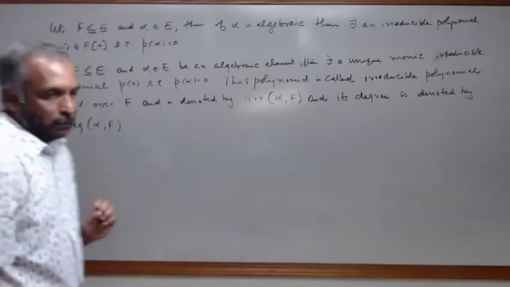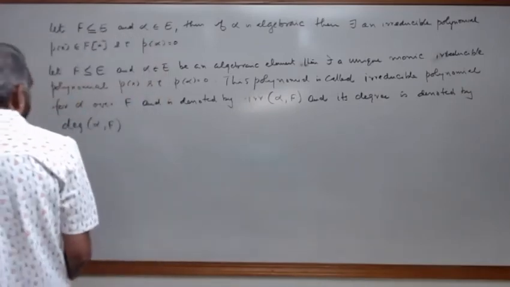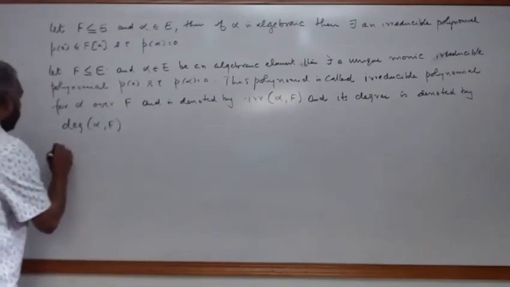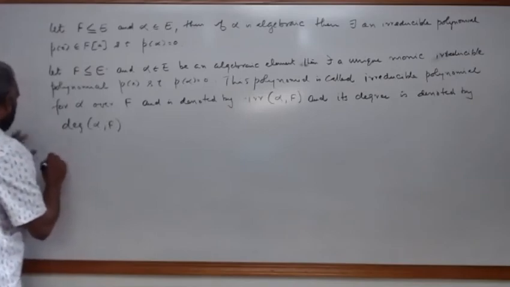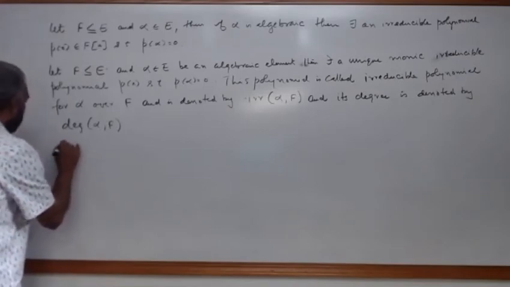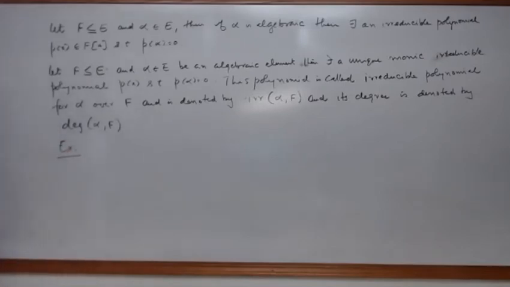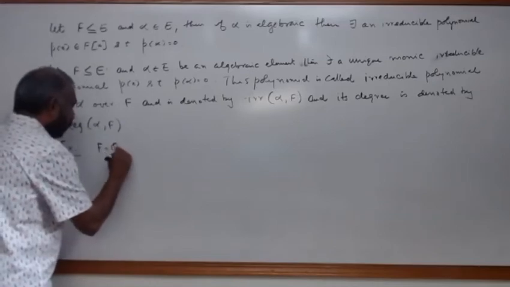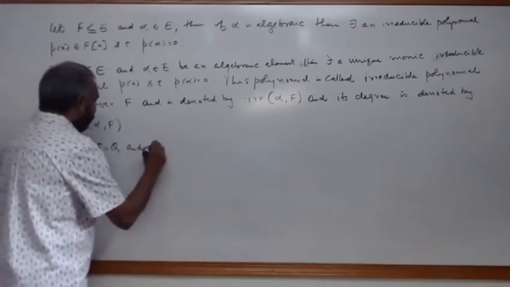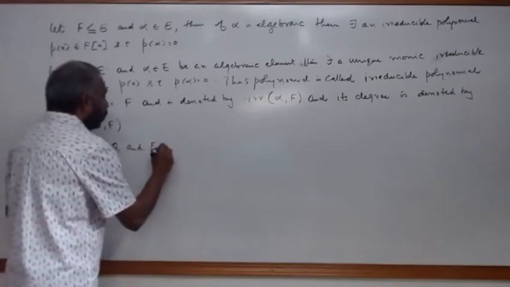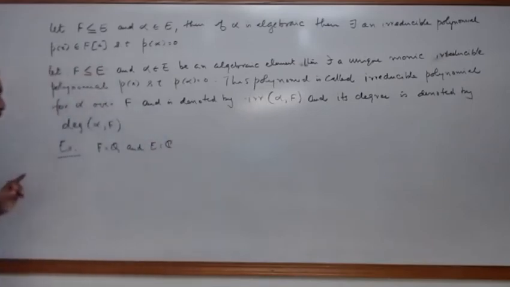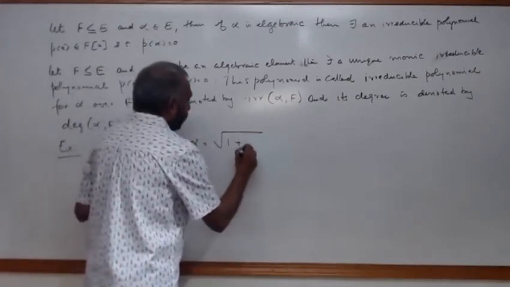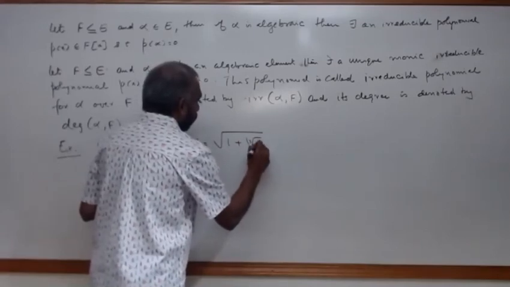So we'll take an example. We already took one and we'll take a couple more. Let us assume that F is equal to Q and E is equal to C, and alpha is equal to square root of 1 plus cube root of 2.